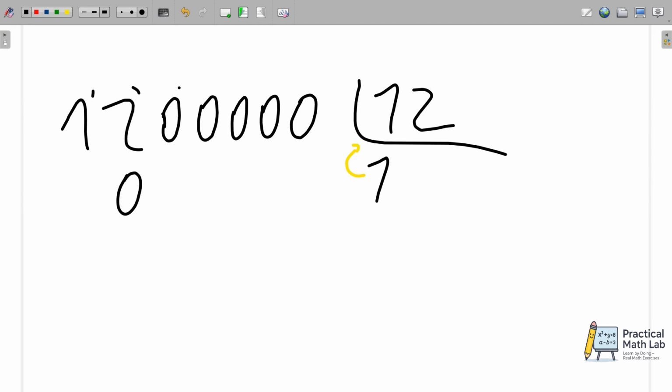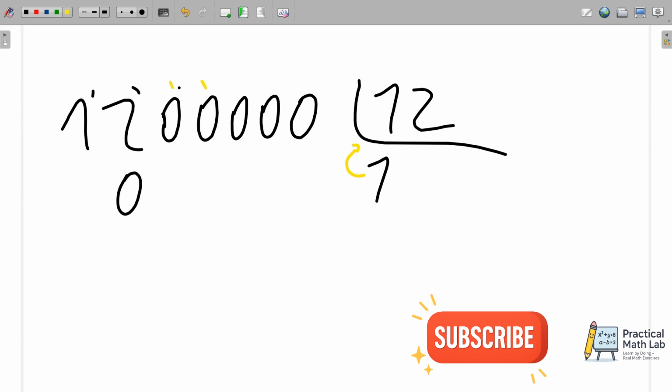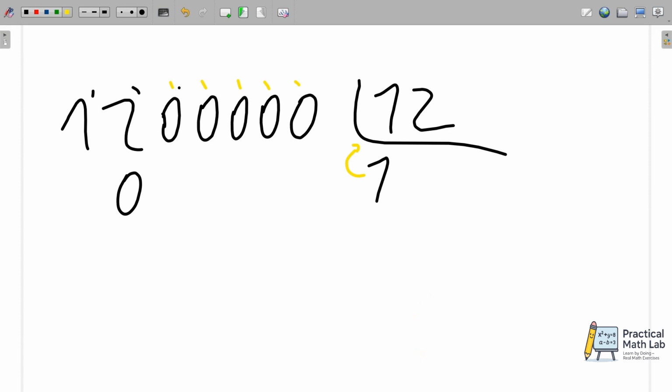Here's the trick. The number of zeros that you have in the calculation, you're going to add to the other side. How many zeros do we have? 1, 2, 3, 4, 5. So I add 5 zeros to the other side.